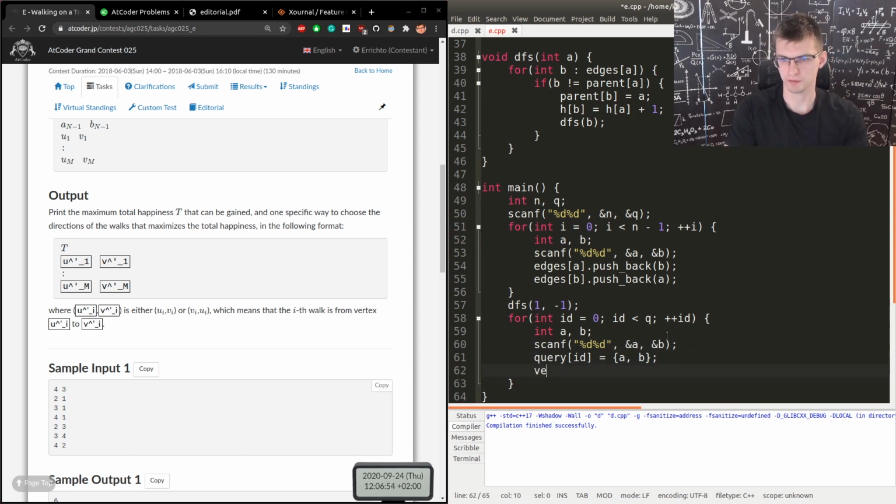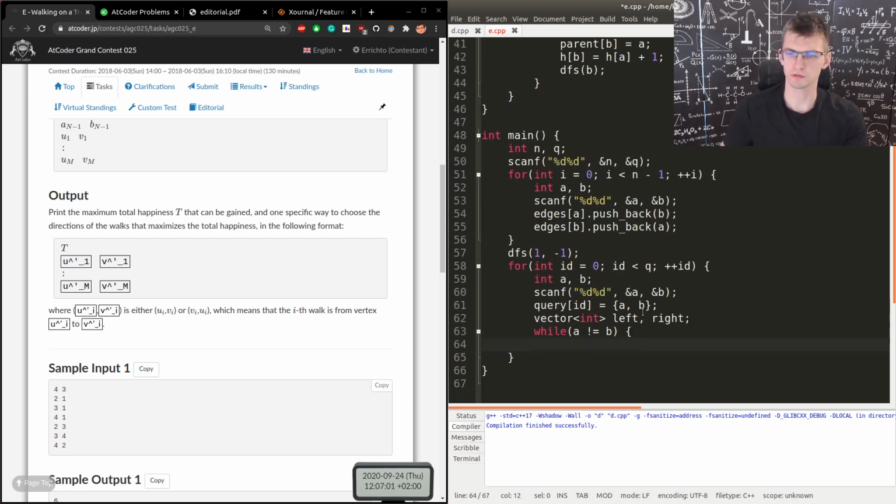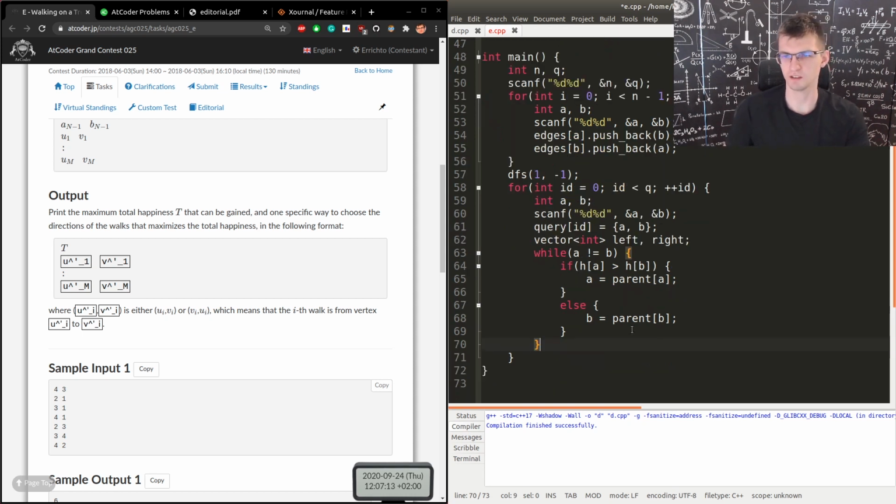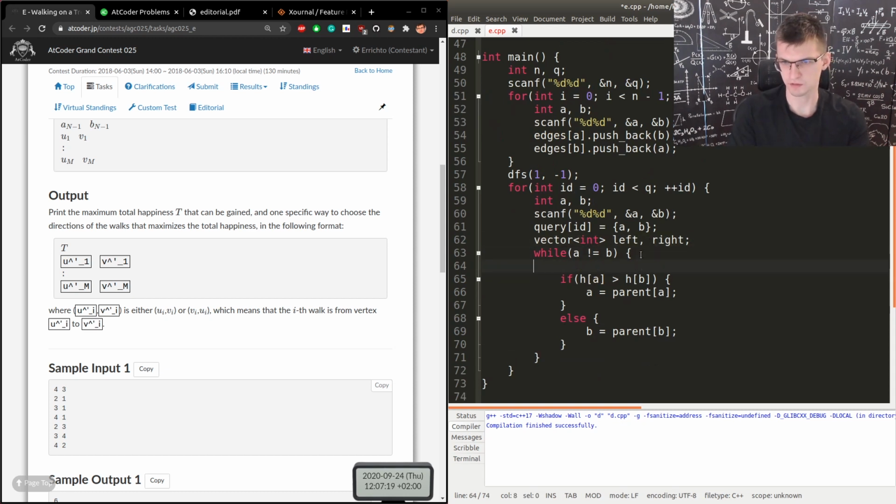Find a path. While not the same, A becomes parent of A. This is linear, finding LCA in linear time, but also I need to populate those vectors.